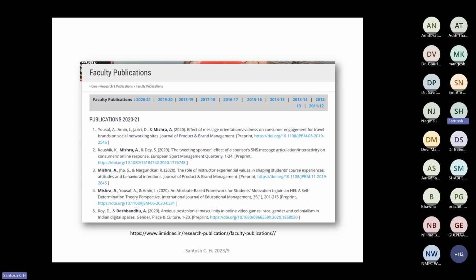Is your photograph there? Is your brief profile there? Is there a link connecting to your website? Is the list of your publications listed on your institute's website? Please remember, friends, having your presence on the institution website is very, very important.